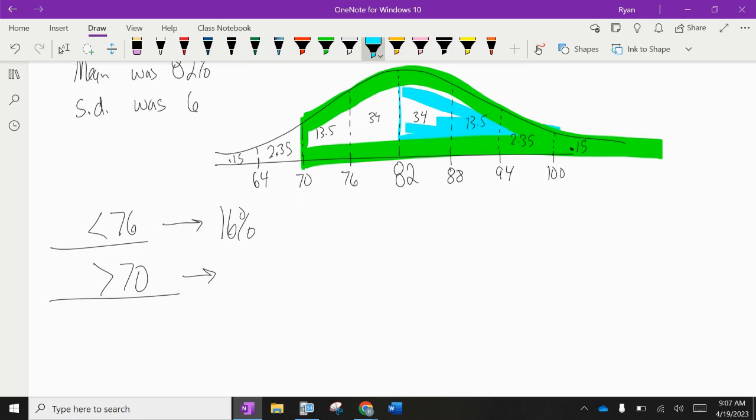What does all of this blue add up to to the right? We know that's got to be 50, because that's from the halfway point to the right. So this is 50 plus this. Or I could take 100 minus these two numbers. Are we looking at 97.5%, I believe? So of all the people who took this test, 97.5% scored above a 70.